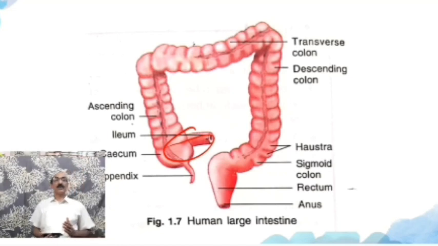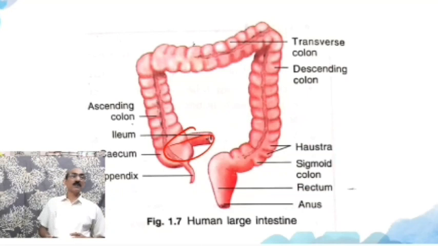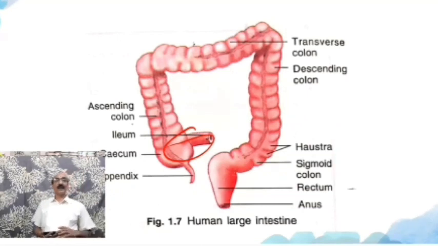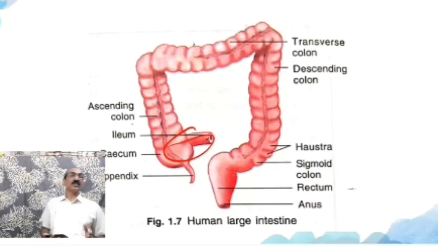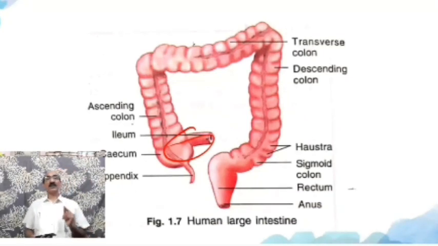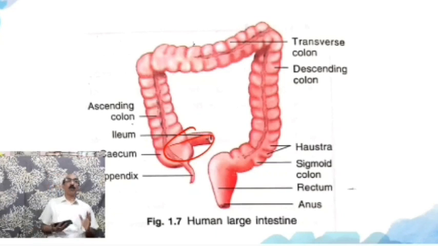Now food moves ahead through the ascending colon, then through the transverse colon, and then descends towards the descending colon. Actually in the large intestine no digestion occurs, but the most important thing is the absorption of water.